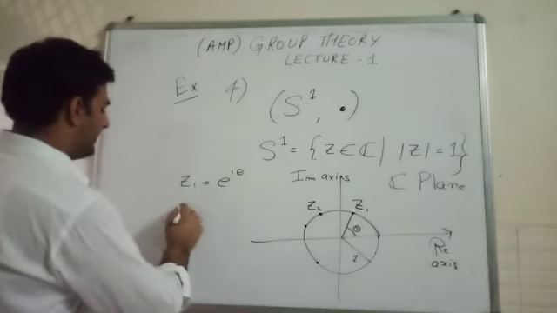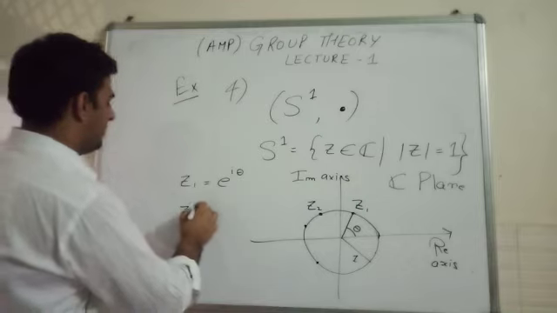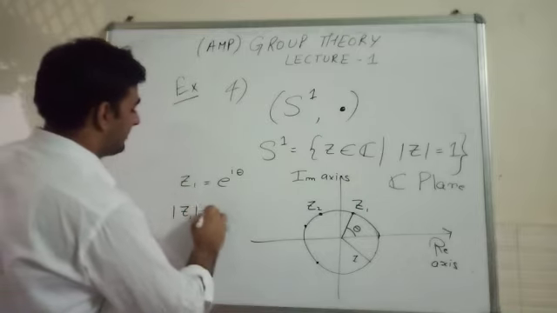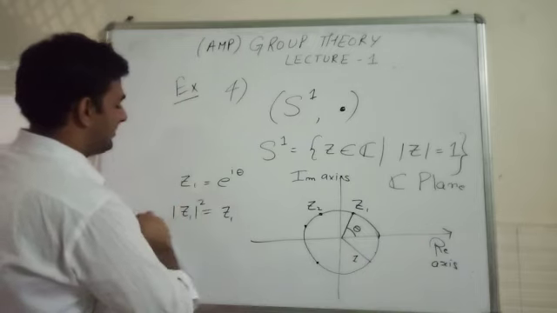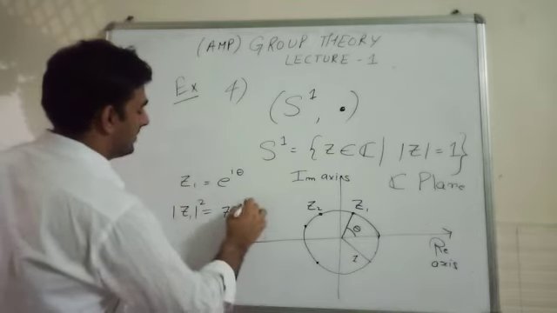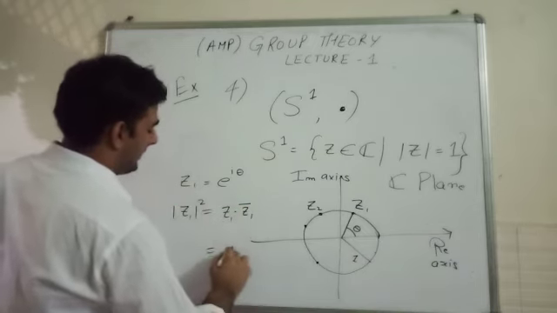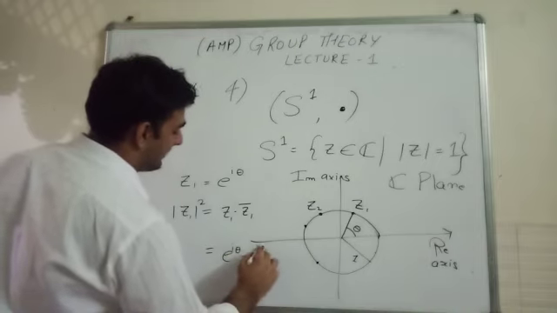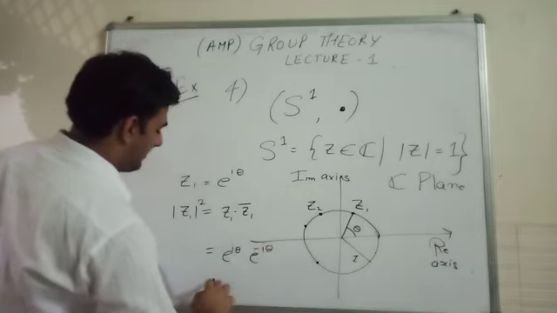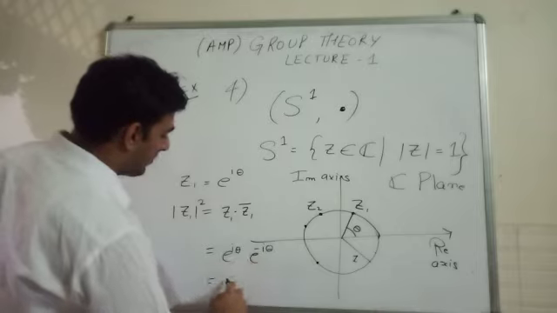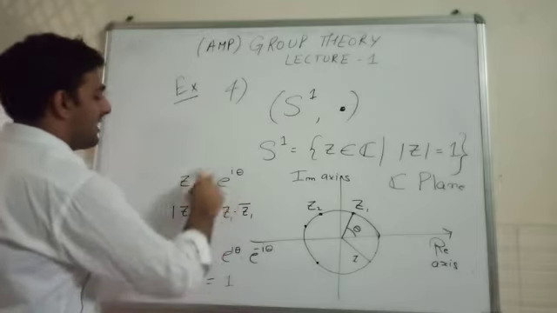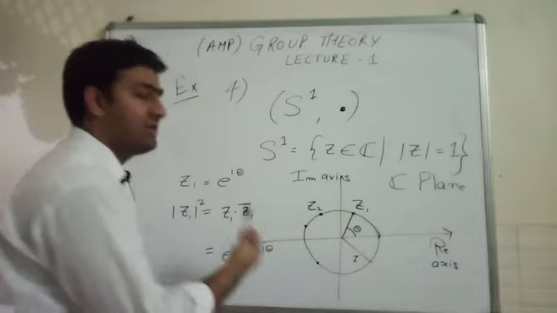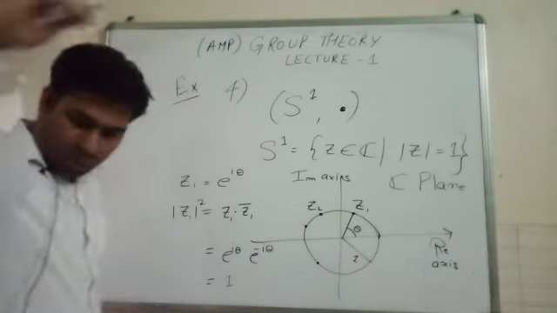If you take the modulus of it, the modulus of Z1 squared is Z1 times Z1 conjugate, so this is e to the I theta times e to the minus I theta, which is equal to 1. So clearly every element of this type which lies on this circle has a unit modulus.